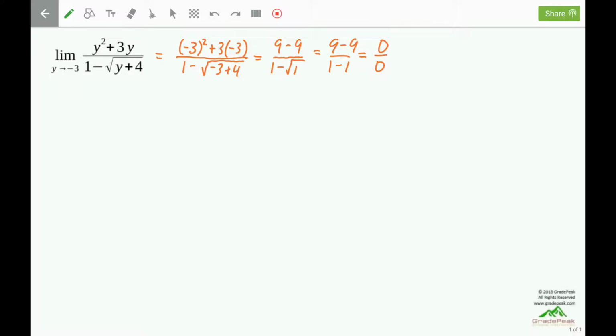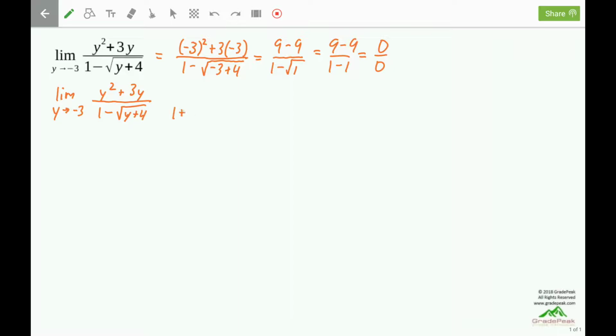Since we have a root combination, a root involving the variable y in some way, and it's added or subtracted with at least one other term, that's happening right there, we can try the root conjugate method. So I'm going to rewrite this limit as y goes to negative 3, y squared plus 3y divided by 1 minus the square root of y plus 4.